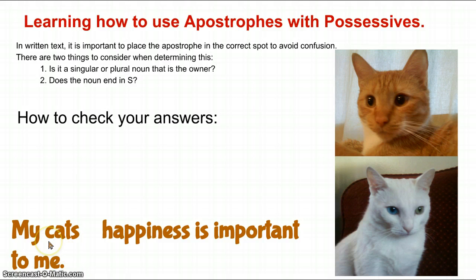What I have is the plural word cats. Is cats indicative, in other words, is it showing exactly the number that I'm talking about? Well, not exactly the number. Is it showing that I'm talking about more than one cat? Yes, it is. And what's the rule for nouns that are plural that end in S? You only add an apostrophe.